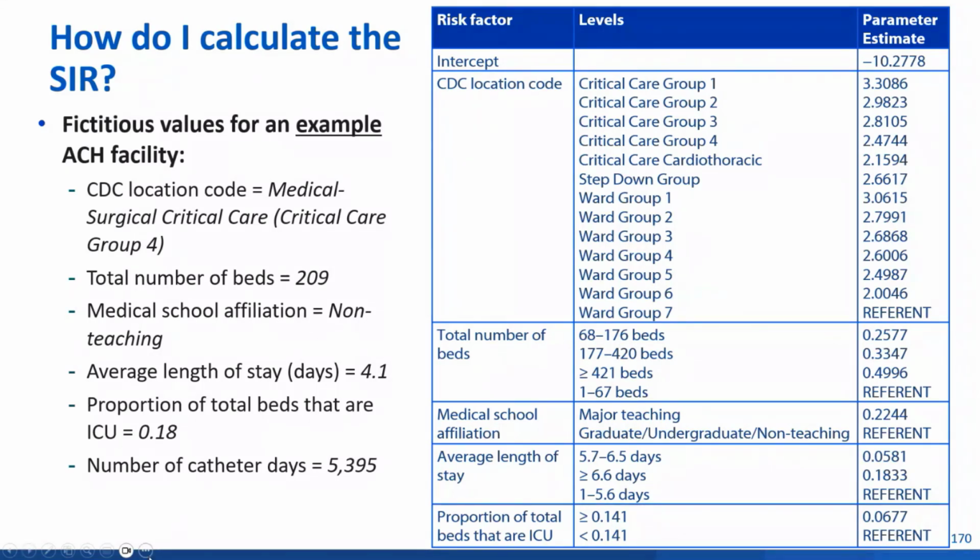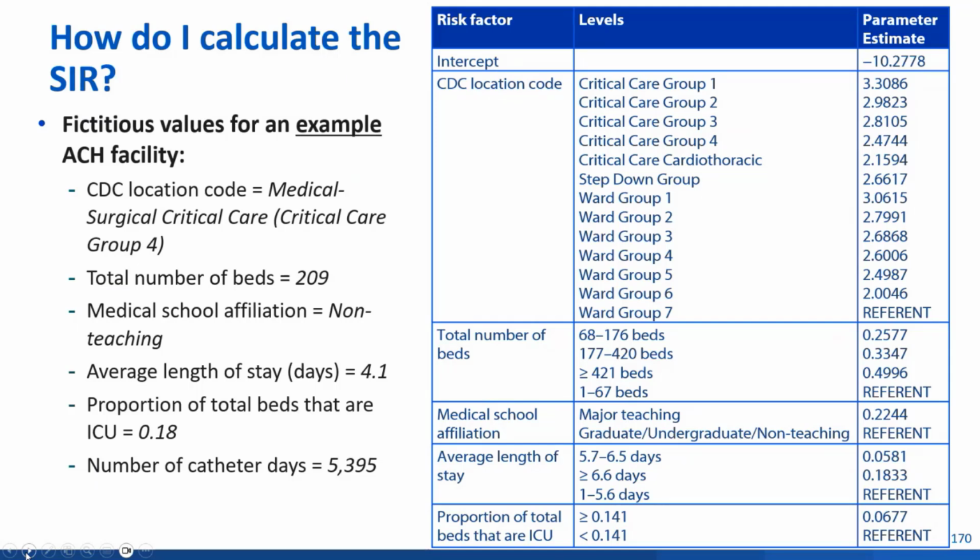All right, with these values in hand, we can determine which levels to use for each of the risk adjustment factors. So we'll start with the location type of medical surgical critical care, which is part of the critical care group 4 level, which was shown on previous slides. You can see that this level corresponds to a parameter value of 2.4744. And this is the contribution to the predicted number of events from the location variable.